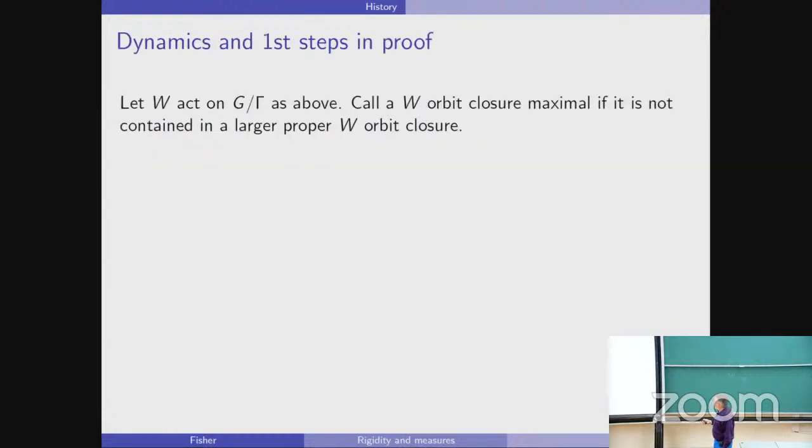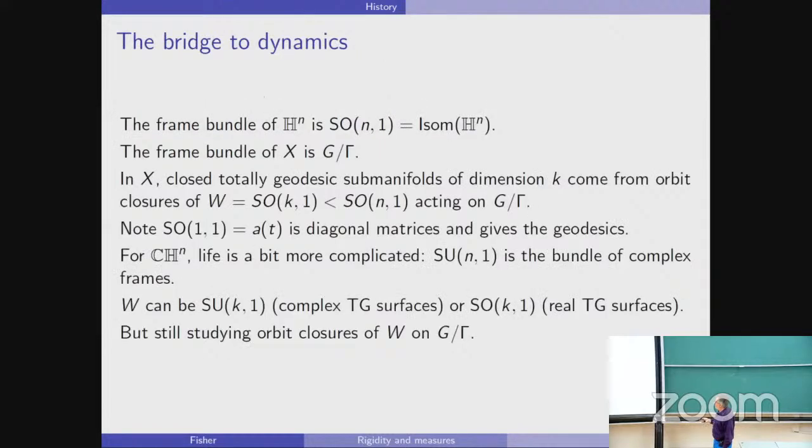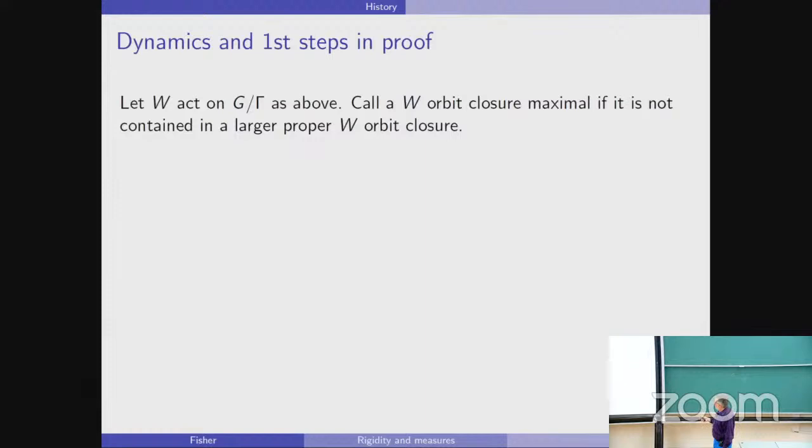And so here's how you rephrase the theorem dynamically: you say, let W be one of these groups on these slides sitting in this G or that G. You let W act on G mod gamma, and you call a W orbit closure maximal if it's not contained in a larger proper W orbit closure.